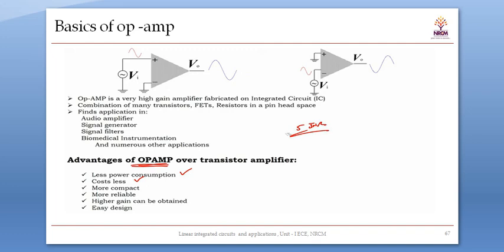More reliable and high gain is obtained since op-amp is having the various differential amplifier stages, so they are going to provide you the higher gain, and it is easy to design. So these are the few of the advantages of op-amp over the transistor amplifier. So we will see again few of the basics of op-amp here.